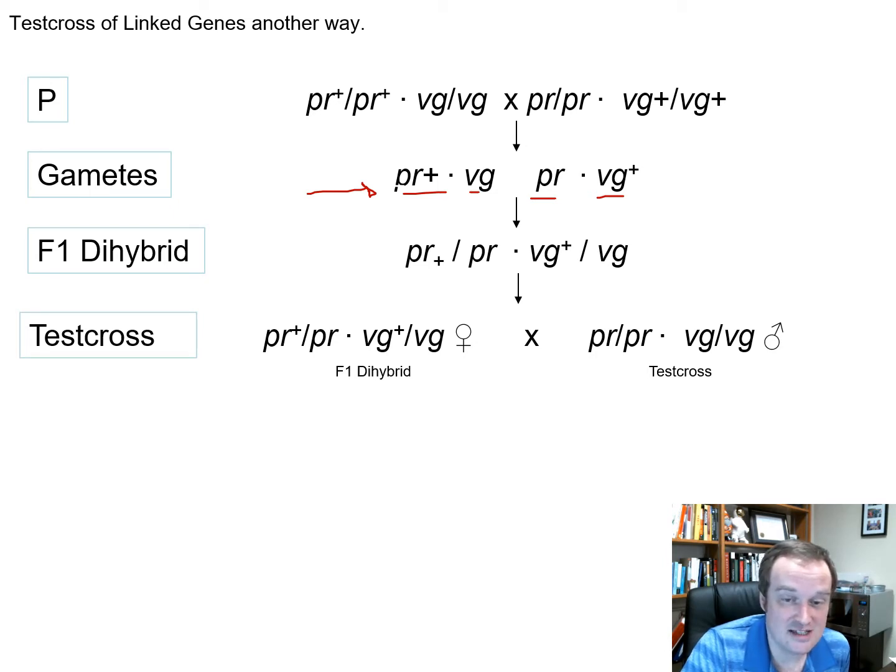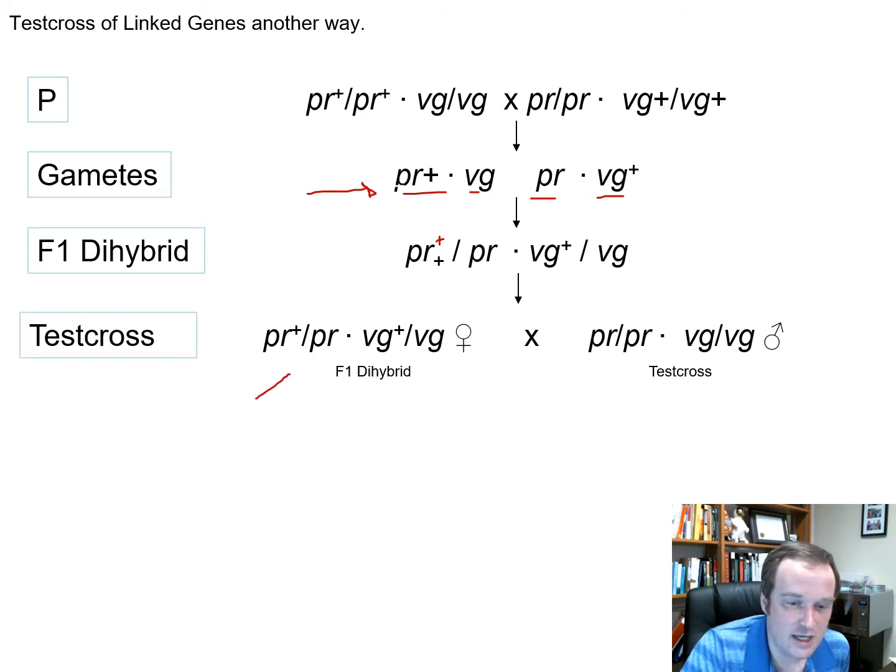We have PR plus and VG plus. And then PR and VG, we have the same amount of each, right? So in our last example, we had one copy of the mutant, one copy of wild type for each of them. The same thing is here, but they're on different chromosomes, right? Because they were mixed between the two parents.